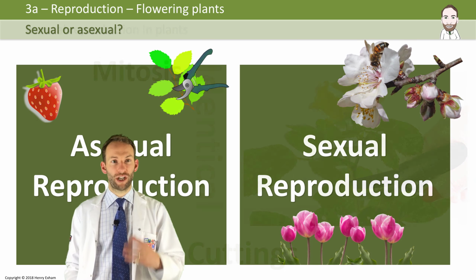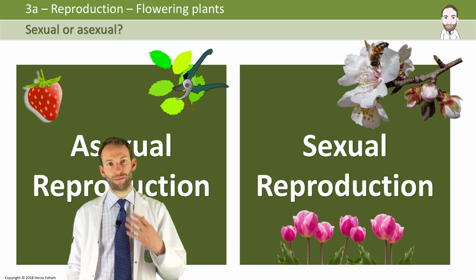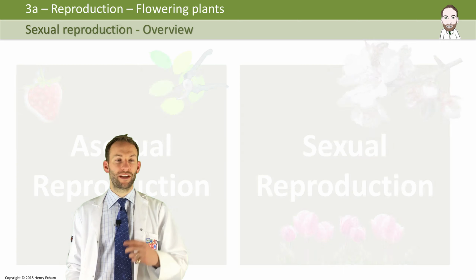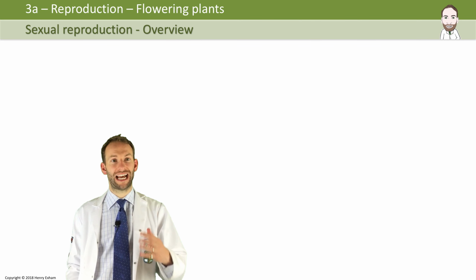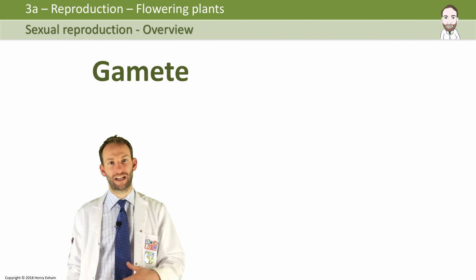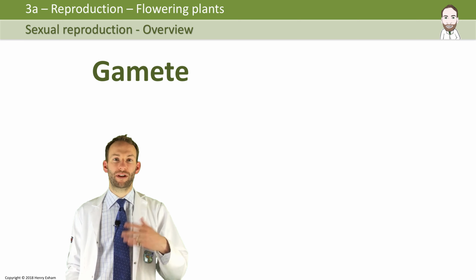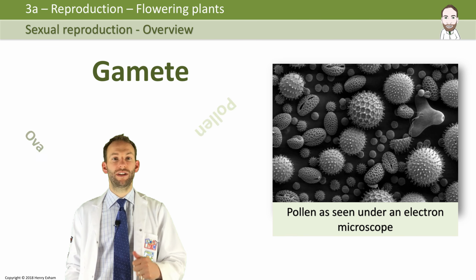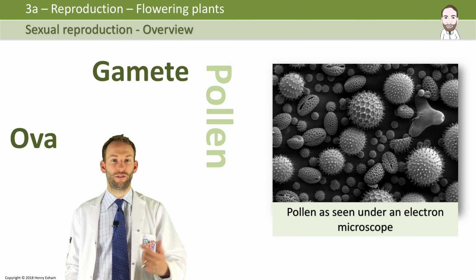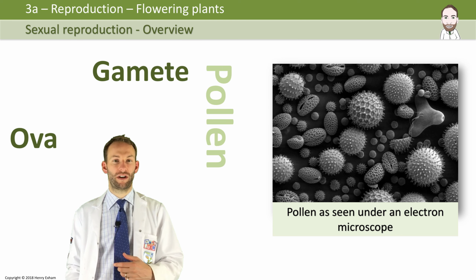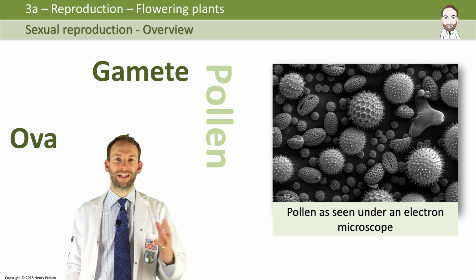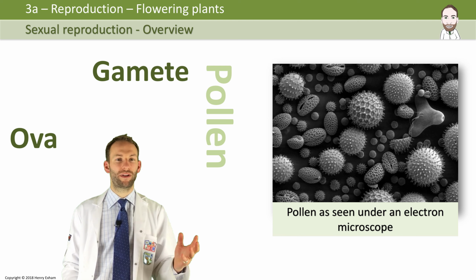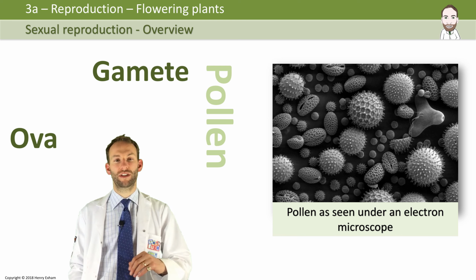Sexual reproduction, much more complex, but much more interesting for plants. For sexual reproduction, you need to have gametes, you need to have sex cells, and in the plant, the gametes are pollen grains for male and ova for the female part of the plant. Now, plants are funny because you don't have male plants and female plants, not like humans.